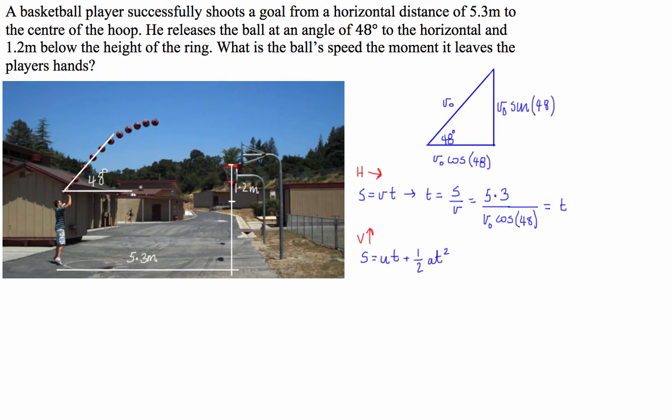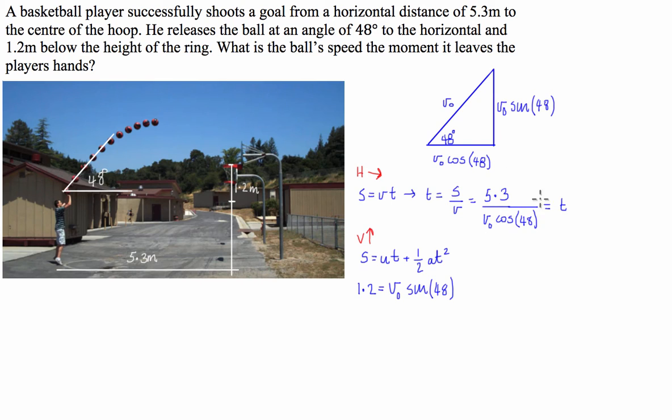Cool. So the vertical displacement in this case is going to equal 1.2. The initial launch velocity in the vertical direction is going to be V0, what we're chasing, sine of 48, times time.